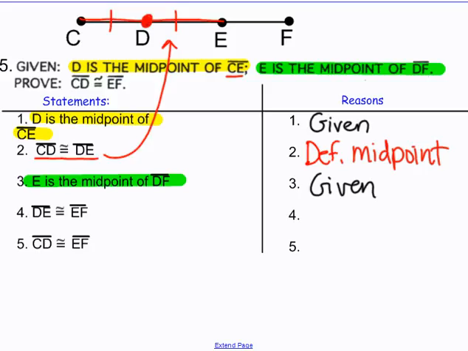E is the midpoint of DF. So that means those two are congruent. All right. So we get down to this stuff here. DE is congruent to DF. Well, that's what we just drew in the picture. And that again is the definition of a midpoint.